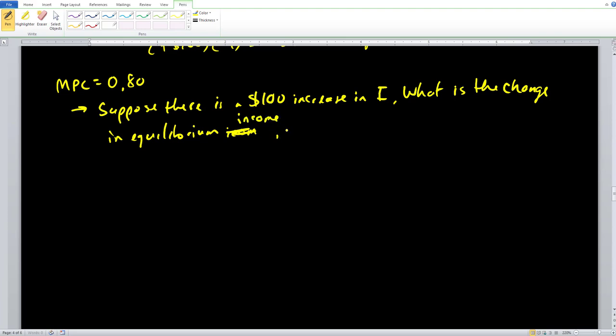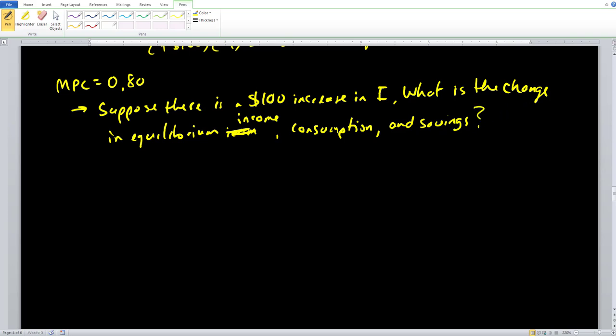What is the change in consumption? And then what is the change in savings? So there are 3 things that we can actually ask based on this particular setup.